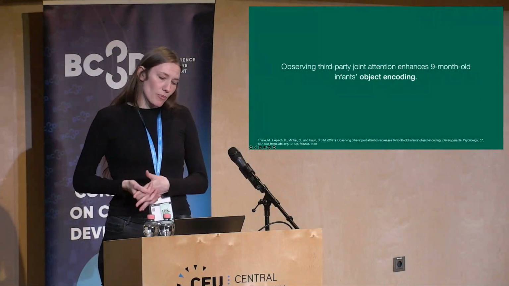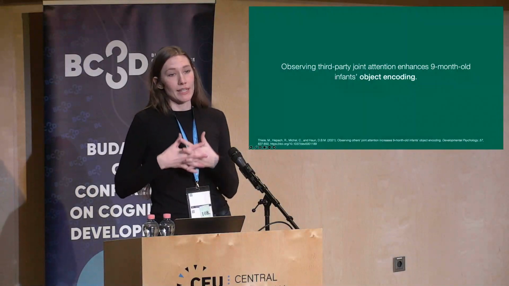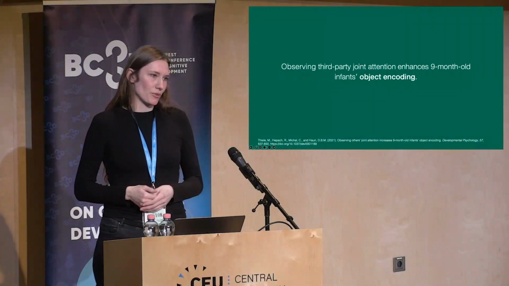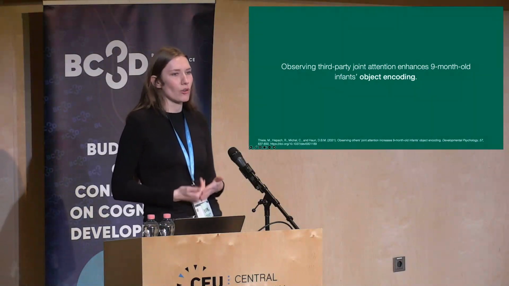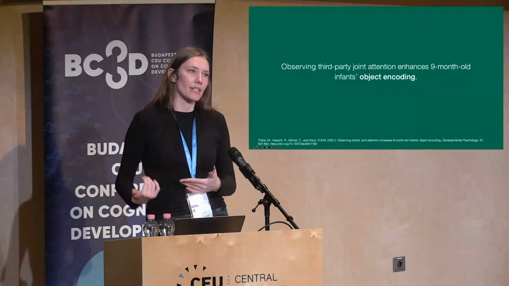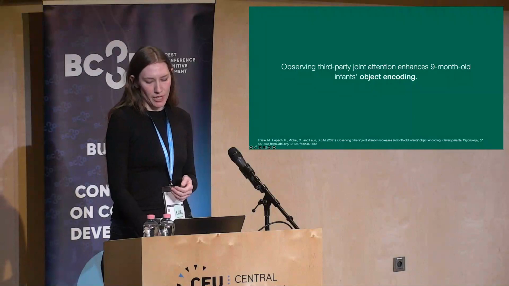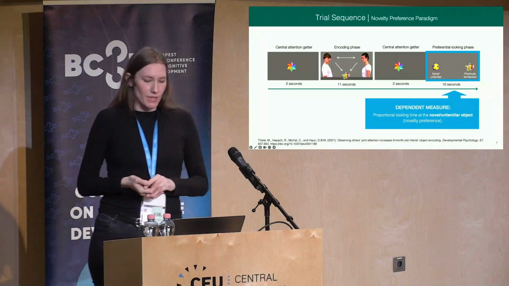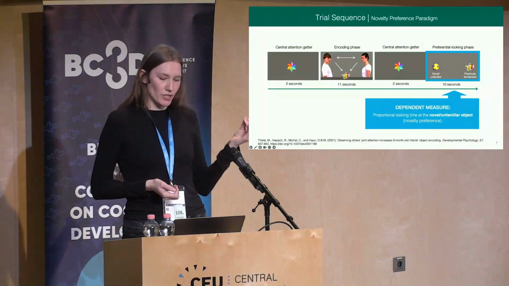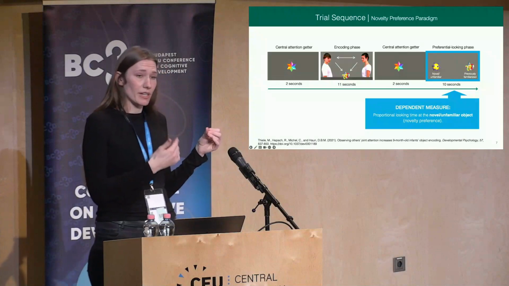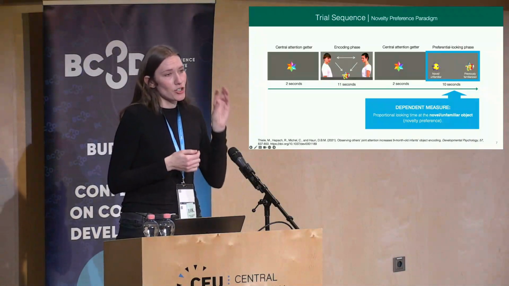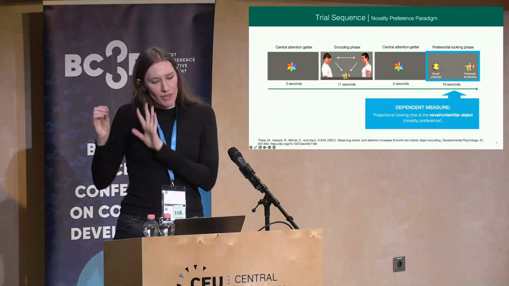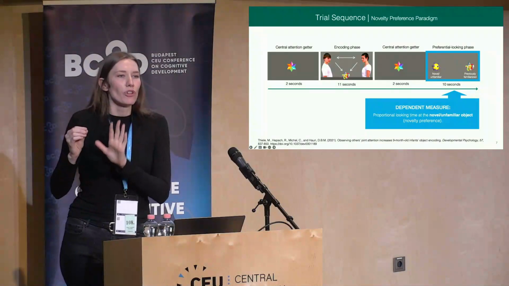In this previous study, we provided first evidence that, similar to infants learning during self-experienced social interactions, observing third-party joint attention to an object can enhance infants' object encoding, which is a fundamental precondition for later emerging, more complex forms of object-related learning. Specifically, we found that when infants were familiarized with an abstract object in a third-party joint attention situation, showing two adults engaging in eye contact before looking at an object together, and then shown this familiarized object outside the learning situation next to a novel object, 9-month-old German infants looked relatively longer at the novel object.